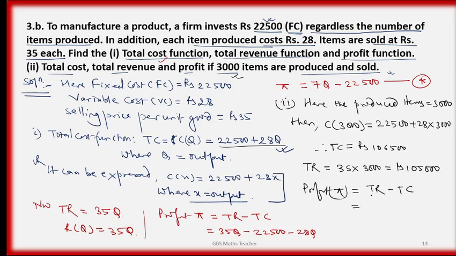Total revenue is Rs 105,000 minus total cost, which is Rs 106,500, it is less than that, equals minus Rs 1,500. Therefore loss equals Rs 1,500.